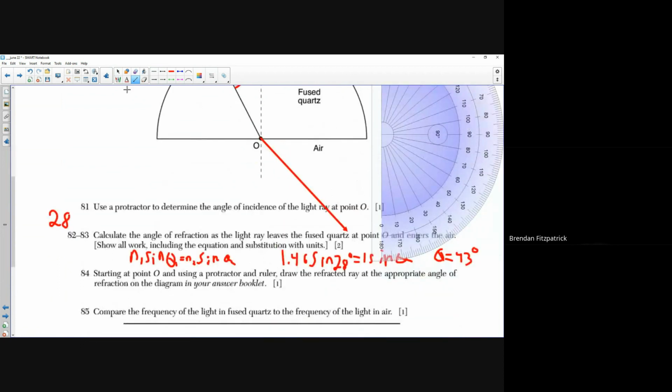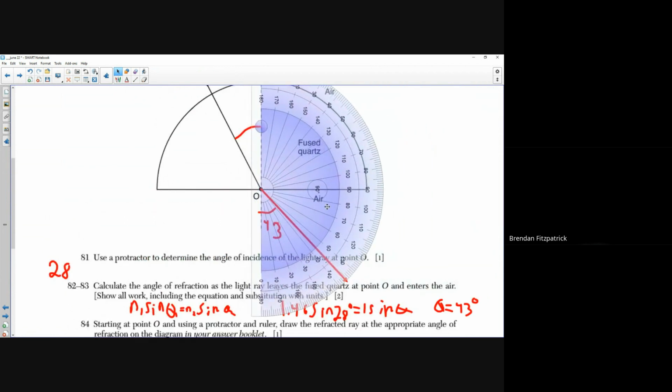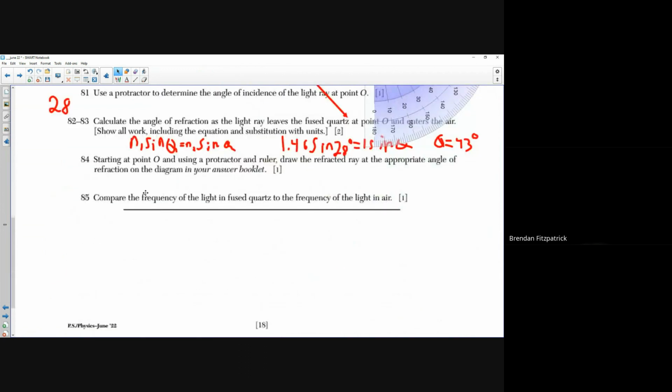Perfect. I'll even label my angle, 43. Is that what I drew? Yeah, 43. Cool. Compare the frequency. It's the same. It never changes.